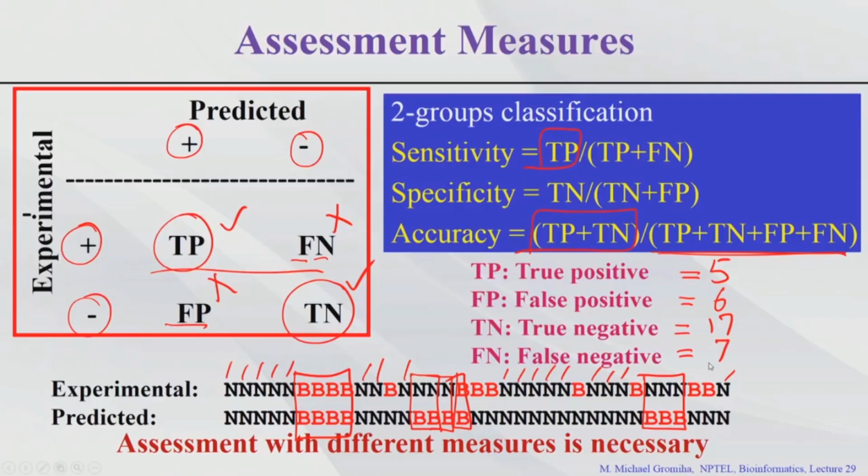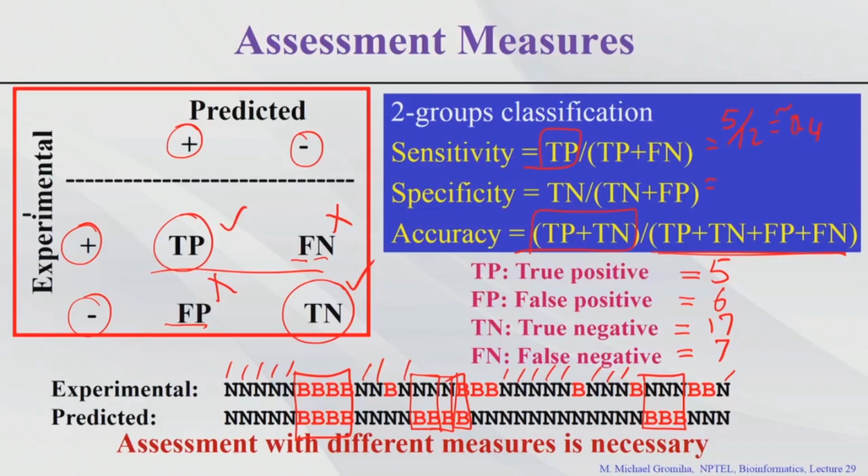If you do this, what is sensitivity? True positive is 5 divided by true positive plus false negative, that is 12, so 5 by 12 is approximately 0.4.